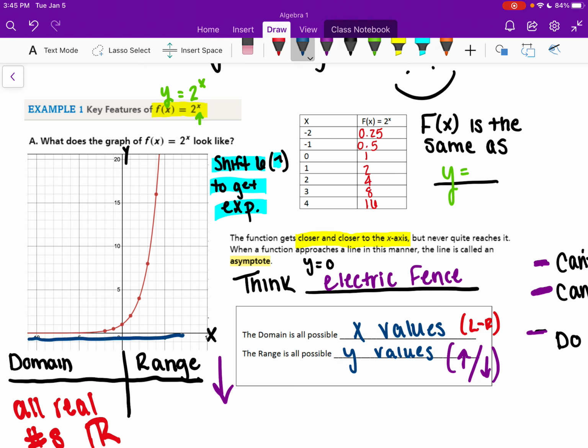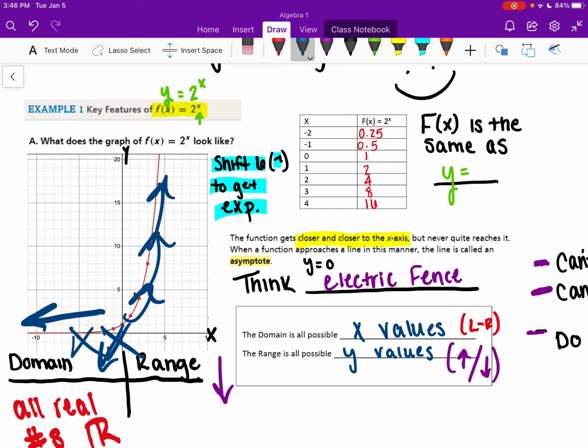It doesn't go below it. So since it doesn't do that, we have to identify that when we talk about the cool parts of this graph, it can go up, up, up, and away. It can just keep going up, but it doesn't go down. It just stays out forever to the side.